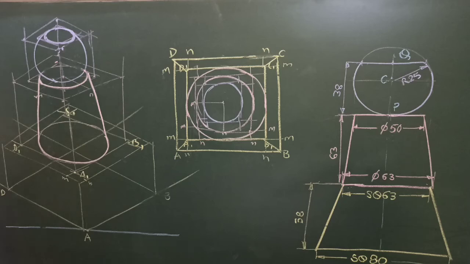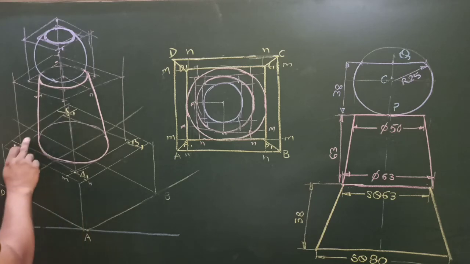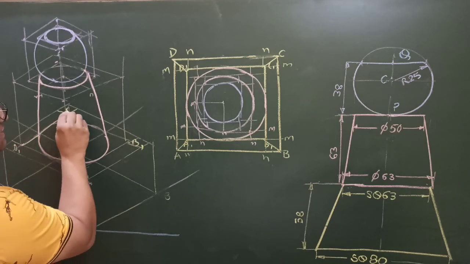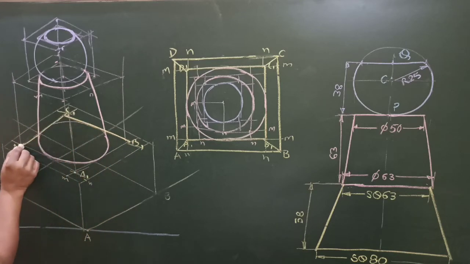Then you are having this part as the part of the pyramid, that is the frustum of the pyramid. So you can draw this line also, the top face of the pyramid.